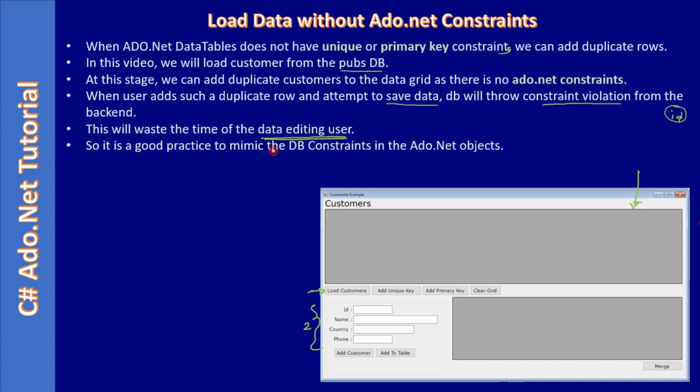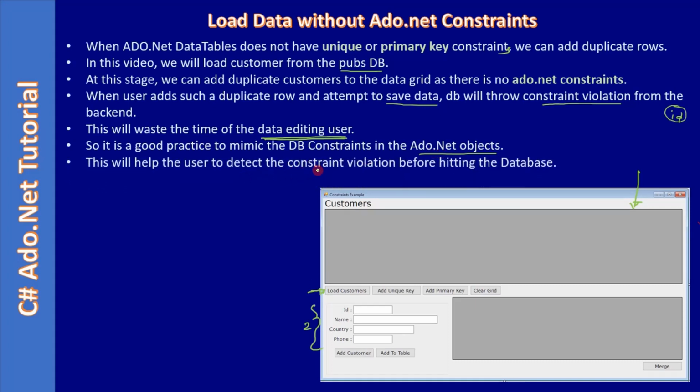So it's good practice to mimic the DB constraints in the ADO.NET objects. The backend database table is having the constraint, and we should have the similar constraints mimicked inside the ADO.NET objects itself. So this will help the user to detect the constraint violation before hitting the database.